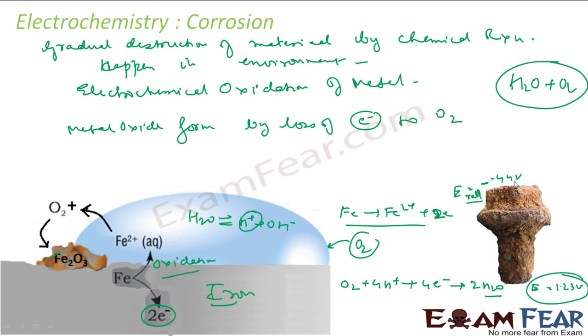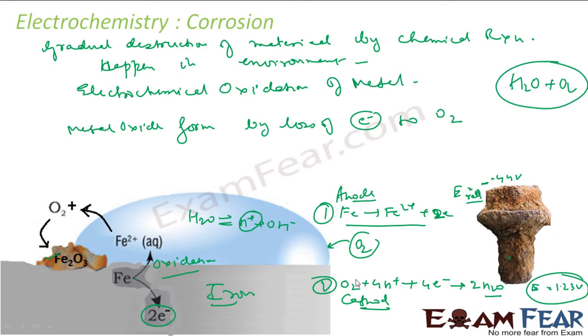That means that is also a spontaneous reaction. So both reaction 1 and reaction 2 are spontaneous reactions that can happen on their own in nature. So this is oxidation at the anode, and this at the cathode is the reduction reaction.